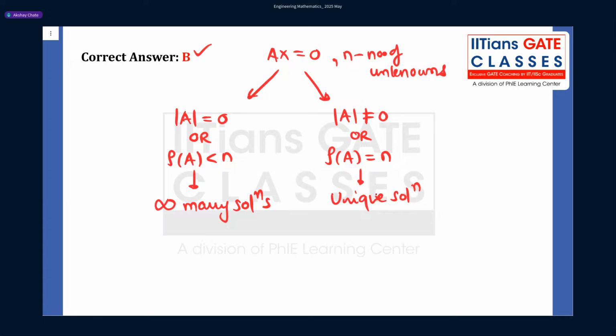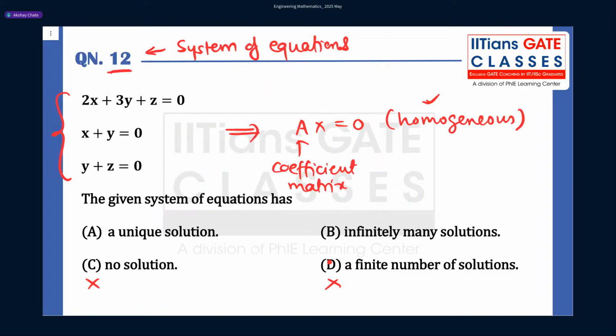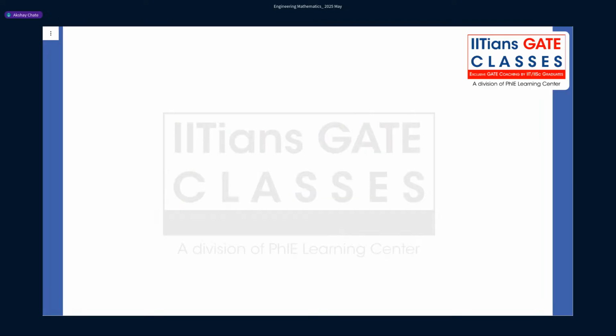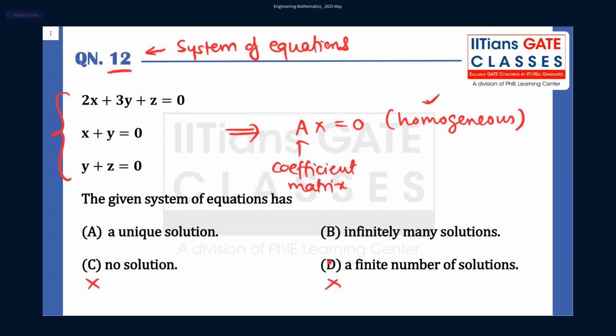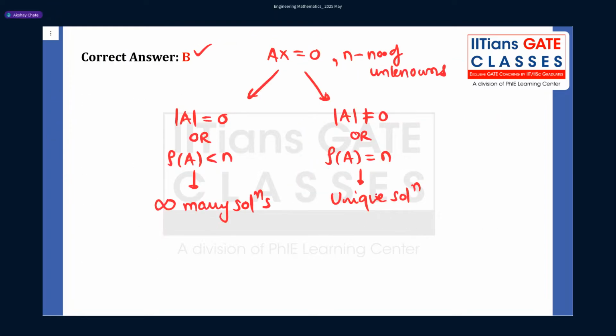So now if you go back to your system of equations, which are three equations and three unknowns x, y, z. If you form the coefficient matrix for a given system of equations, we can write the A matrix as: the first equation has 2, 3, 1 as x, y, z coefficients, right?